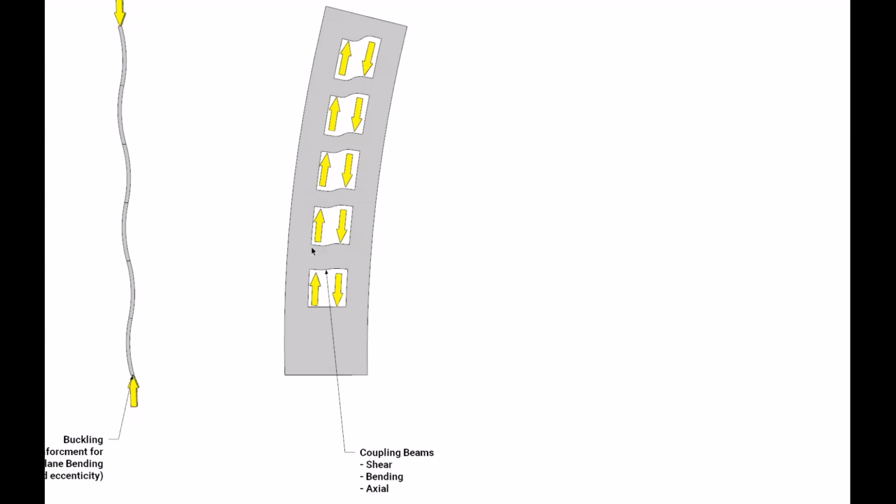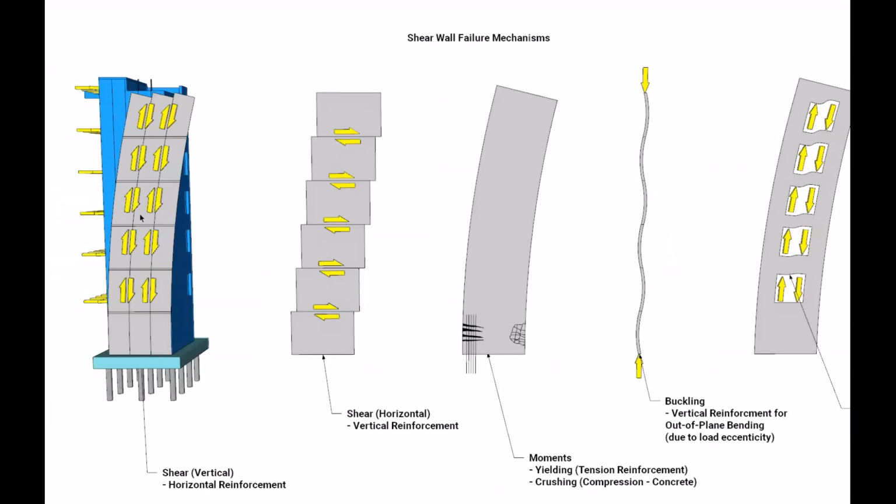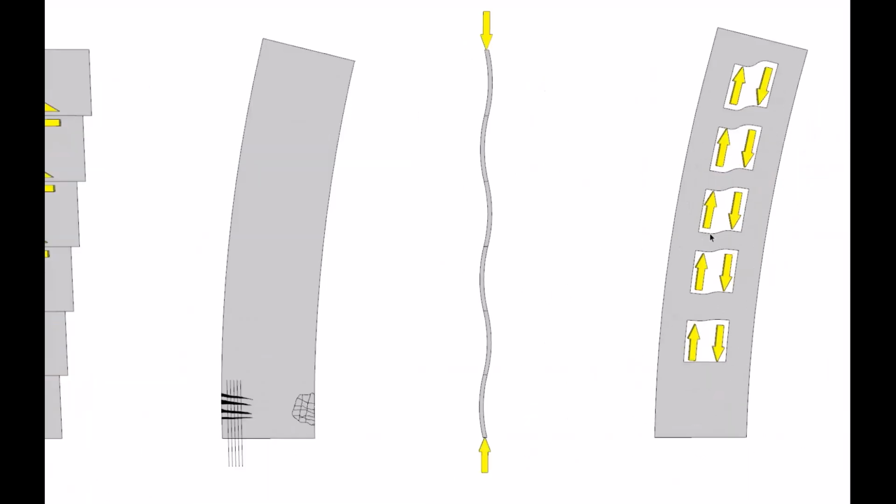And finally, there's quite a bit of vertical shear stress that is induced within the wall when it deflects, and you can see this from the first diagram here. And due to the openings, these forces will be concentrated at the location of the coupling beam. So there can be some quite significant shear forces introduced into these beams.